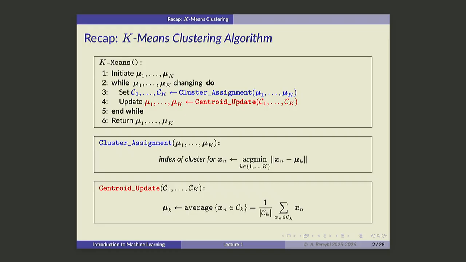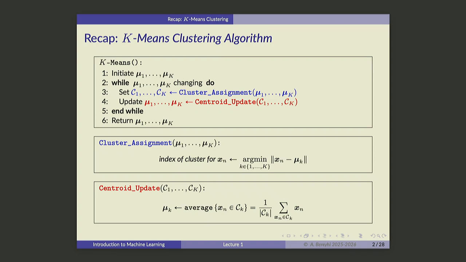Basically, we take every single xn that is inside cluster Ck, and then we average them out. When you average a couple of points, you basically take the point at the center: the sum of those x's inside the cluster divided by the number of points inside the cluster.